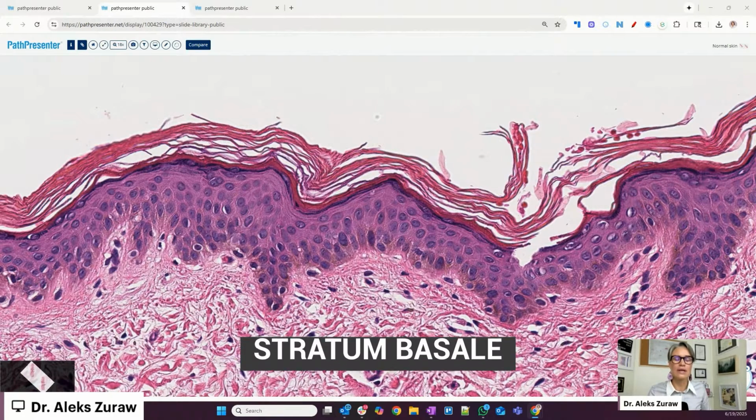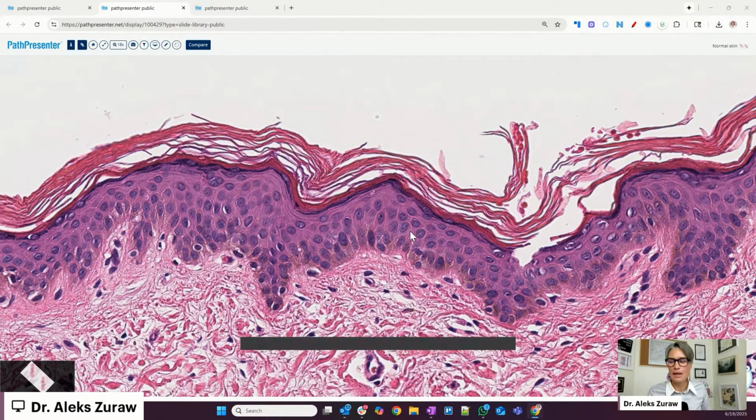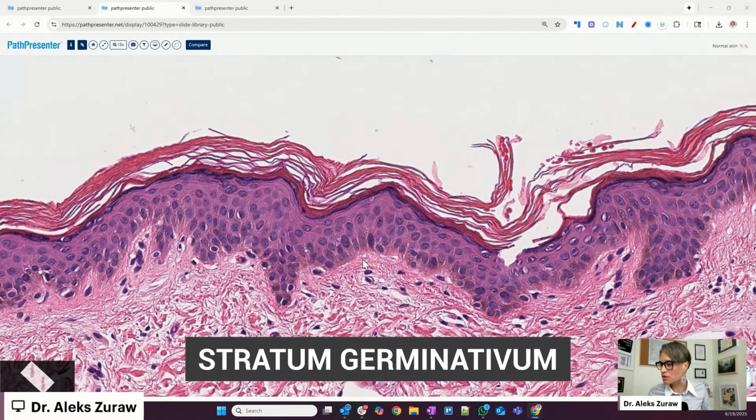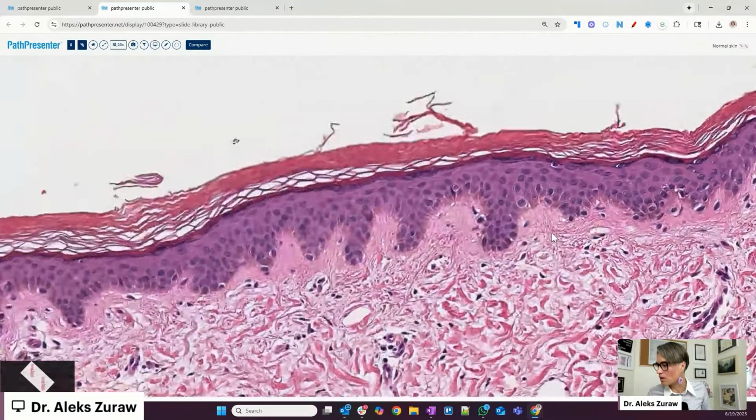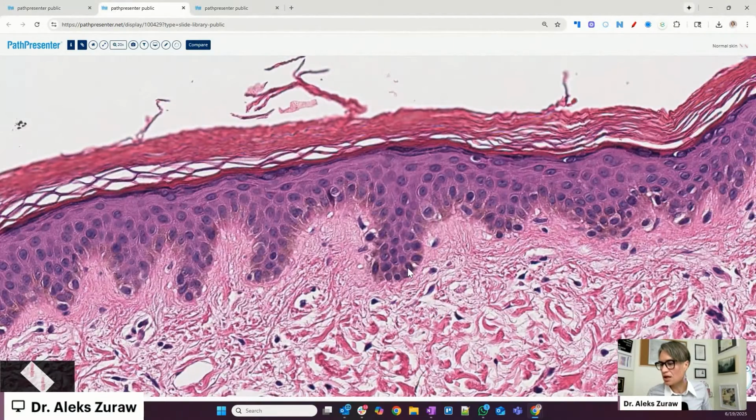Starting from stratum basale, also known as germinativum. Often you can see that they are arranged in a little bit different fashion. They're cuboidal, like they should be lined a little bit like a row.